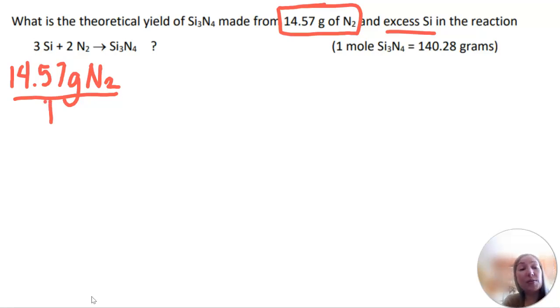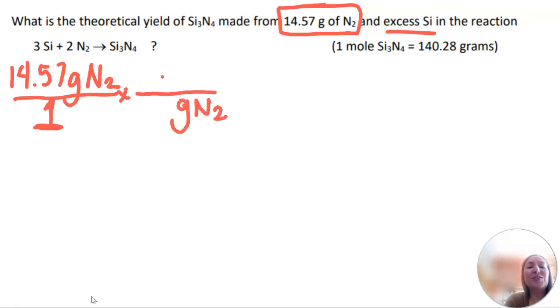Now, we did a problem so similar, so this would be a great place to pause and see if you can do this problem yourself. Okay, did you pause and try it? I'll show you the answer so you can check it. We're going to bring down grams N2 and get to moles first and foremost, molar mass. We know in every 1 mole of N2, there's 2 nitrogen atoms.